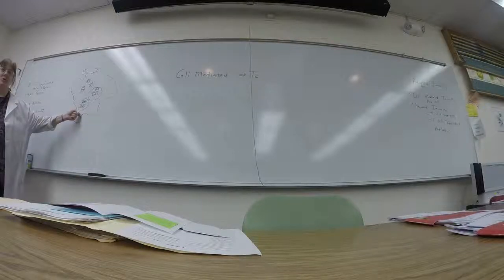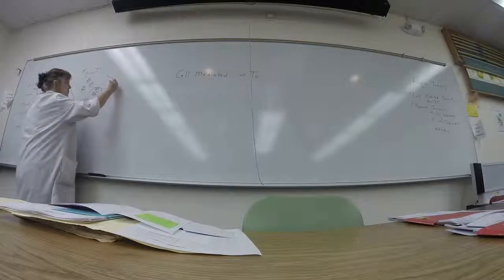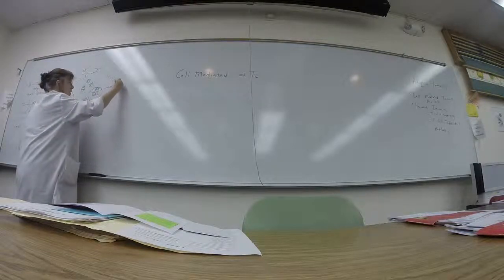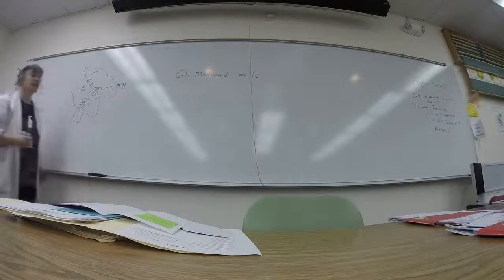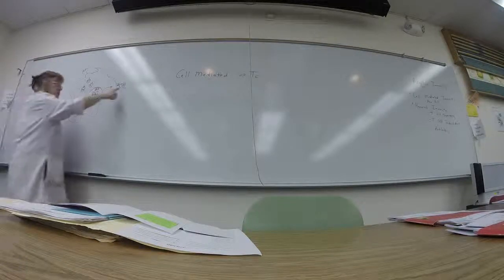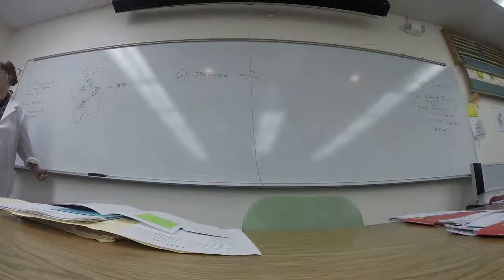Well, this is still useless, because how can you code something if everything's inside the cell? There's no communication. Guess what? These are pushed to the surface, and you end up with a presentation of the epitope. The epitope would be the flag, and the MHC is your base. The MHC is naturally part of your immune cell. The epitope came from where?